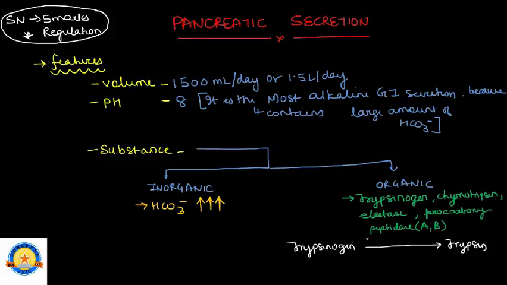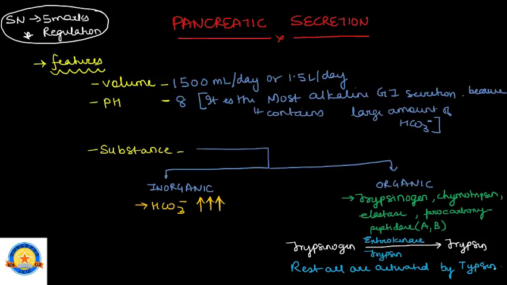So trypsinogen to trypsin is activated by enterokinase. This enterokinase will come and act on trypsinogen to form trypsin. Then a little bit of trypsin is formed, and that will also help in the conversion of trypsinogen to trypsin. All the rest, except trypsinogen, are activated by trypsin.